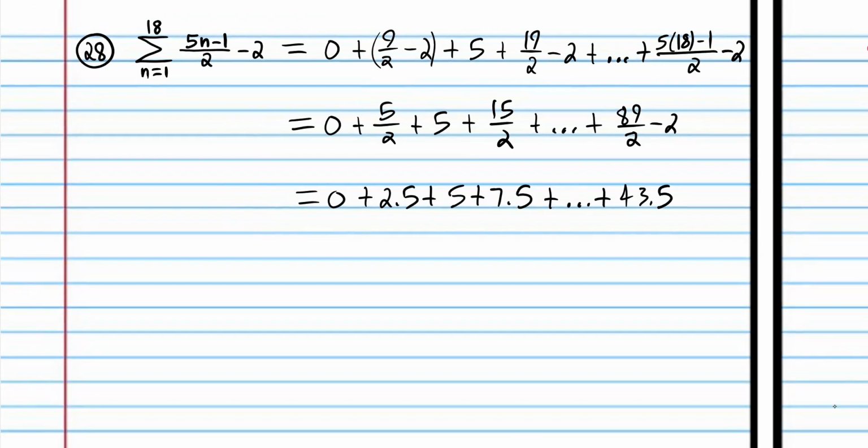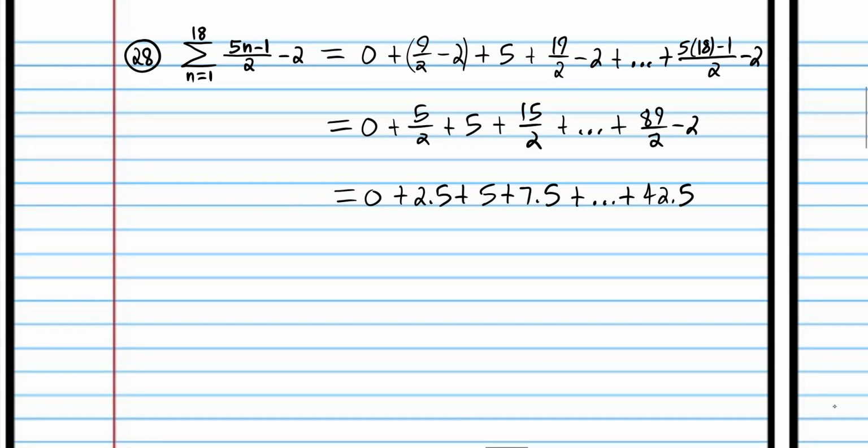Not that we really care about the last term. Actually, that would be 42.5. Okay, so we can see that this is an arithmetic sequence. It was kind of difficult to see that, but now we know.